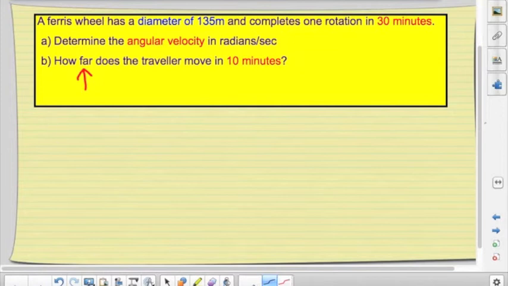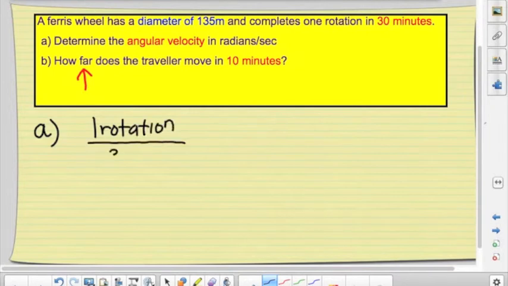Okay. For angular velocity, it's important that we have to figure out, first of all, you know there are 30 minutes. Okay, sorry. Let's start again. From the question, we know that 1 rotation is going to take 30 minutes.